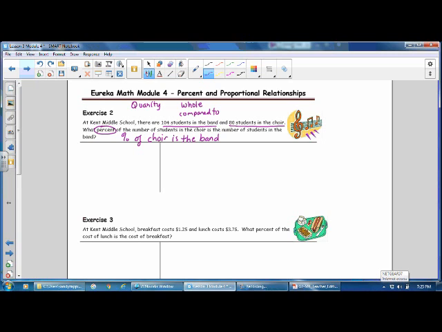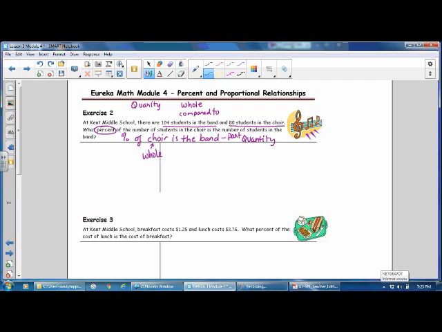We're comparing the number of students in the band to the number of students in the choir. What percent of the choir is the band? So our choir is the whole. And the band is the part or the quantity.